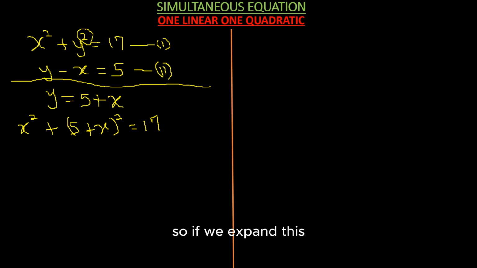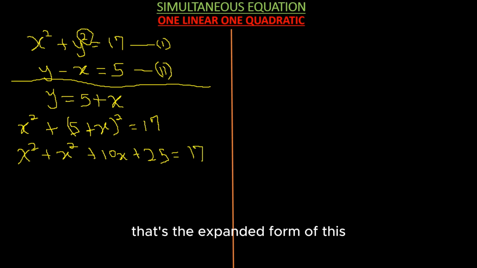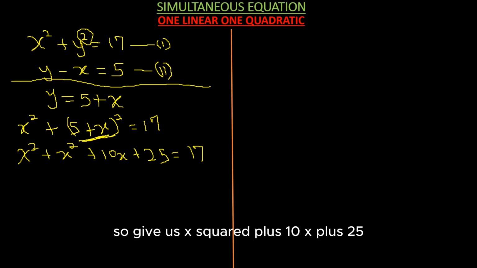If we expand this, we have x squared plus 10x plus 25 equal to 17. That's the expanded form of this.